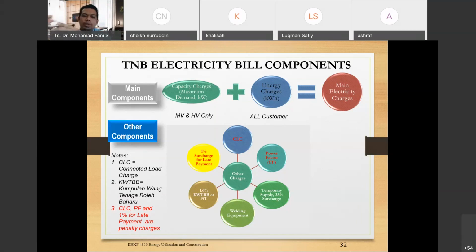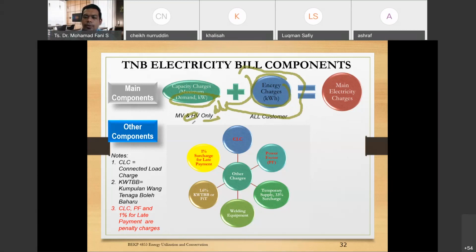The main component is the capacity charge for the maximum demand in kilowatt. For large consumers, for example, mid voltage or high voltage, they charge for the maximum demand in kilowatt, and the other charge is kilowatt hour.